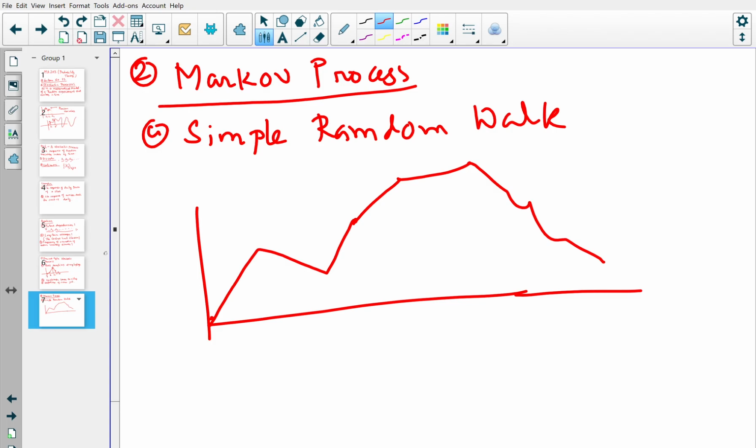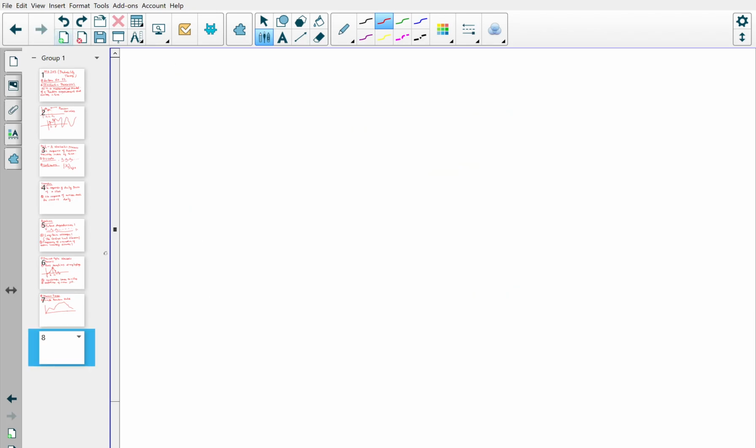Okay, so now let us start with a specific type of arrival type or discrete type stochastic process, and today let us start with this. This is called the Bernoulli process.